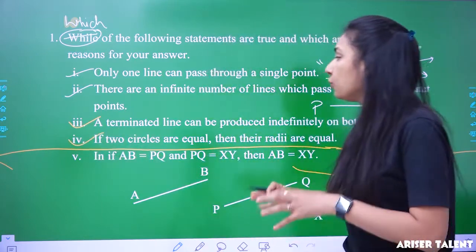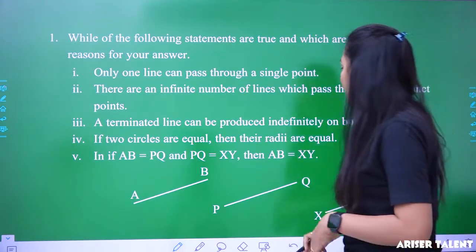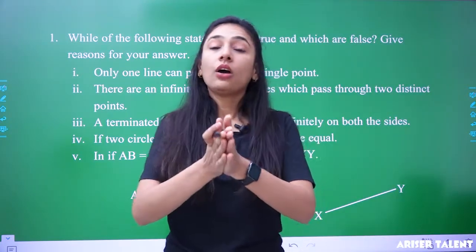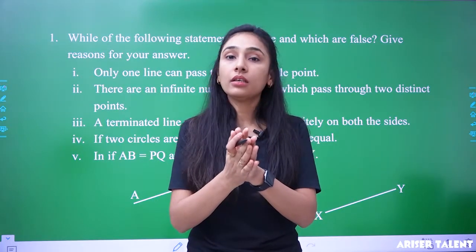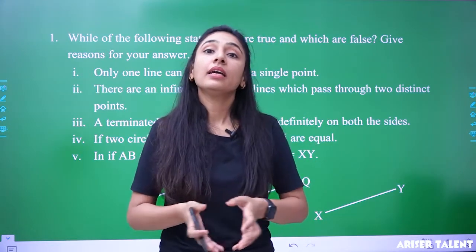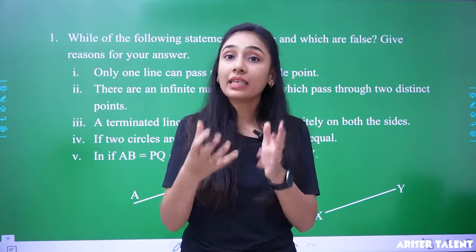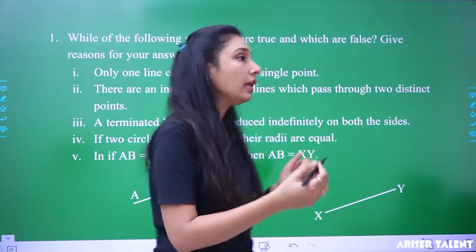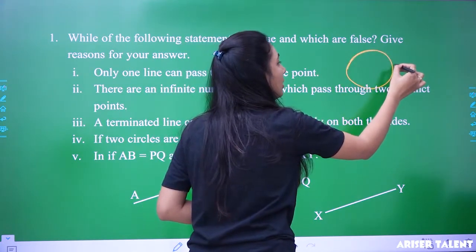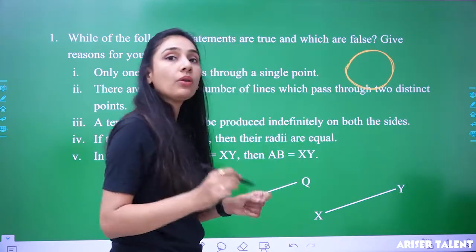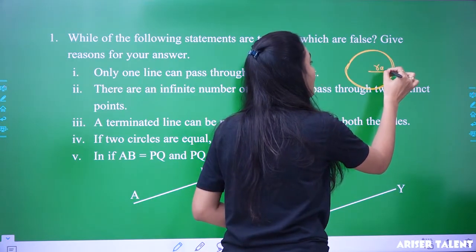Then the fourth one: if two circles are equal, then their radii are equal. Now, according to Euclid, if two figures are coinciding, overlapping each other completely, that means these two figures are the same or equal. So if we talk about circles, if a circle overlaps another circle, that can happen only in one condition: their radii will be the same.